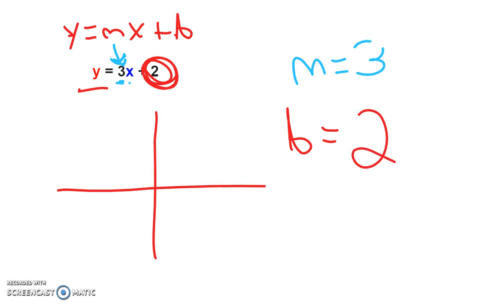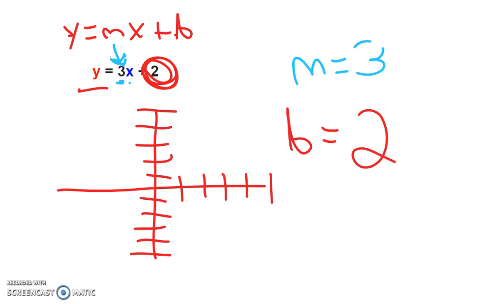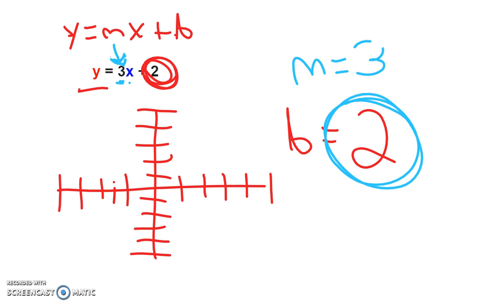If we looked at it real quick and we wanted to graph it, I could graph it quite simply by taking my y-intercept, which is going to be this 2 here. Y-intercept is where it crosses that y-axis.